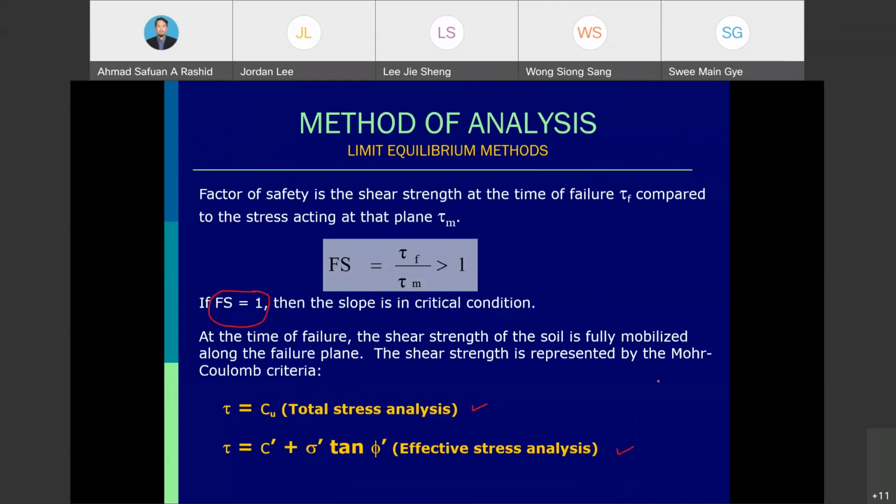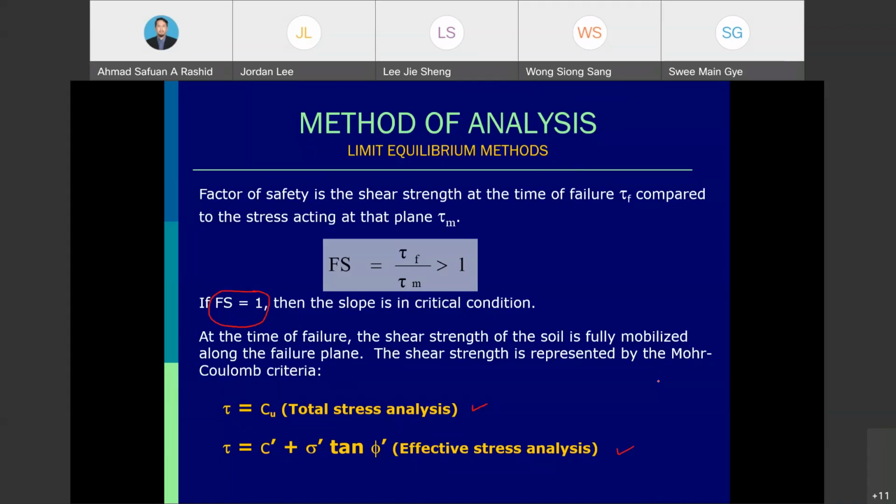So actually, the total stress analysis has some limitations, where it could not cater, for example, for pore water pressure. Because it is a short-term analysis, we assume there is no development of pore water pressure.